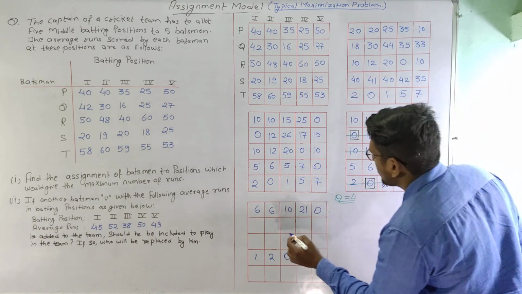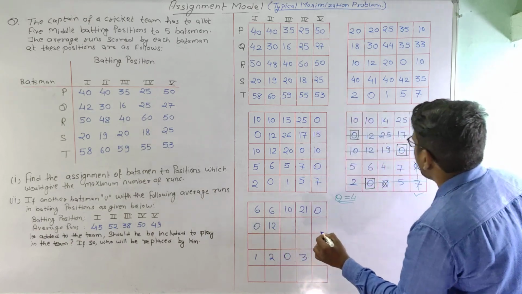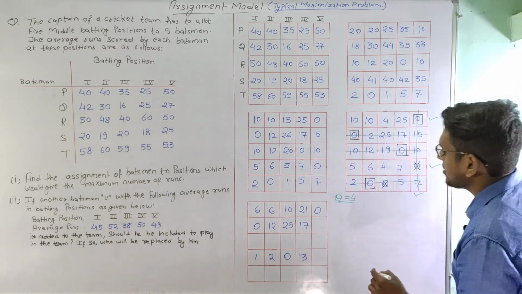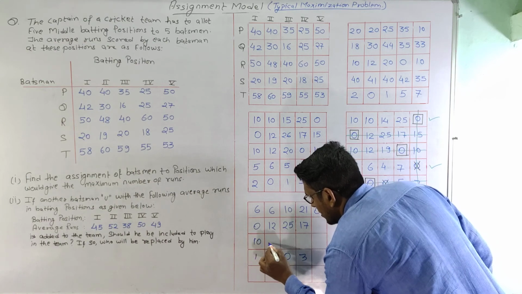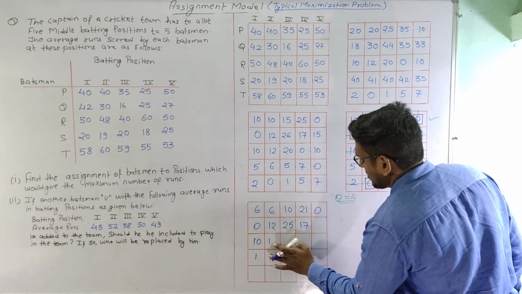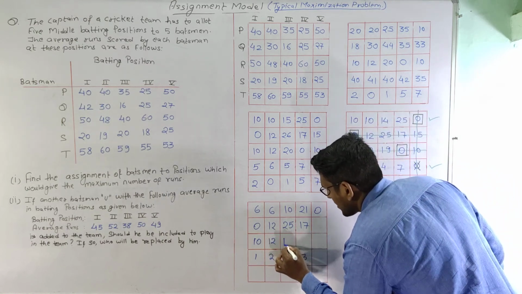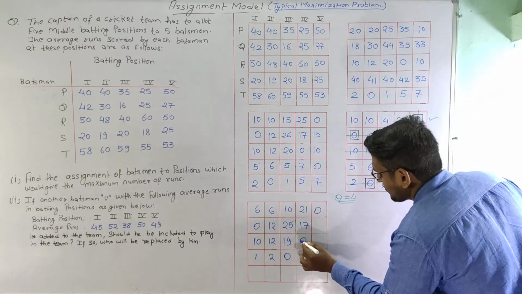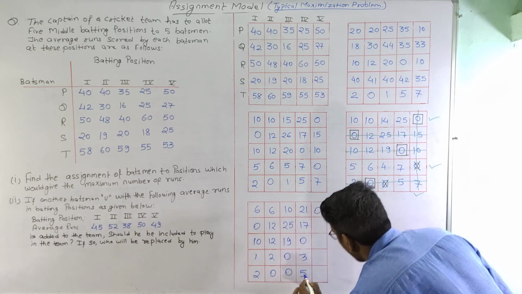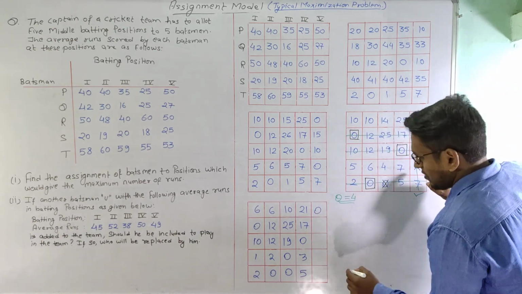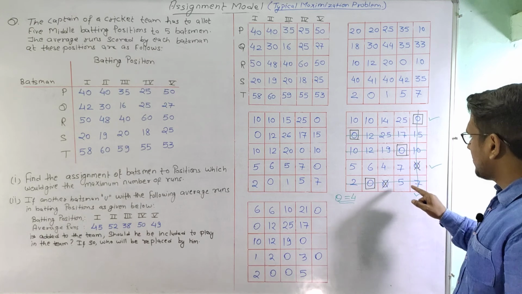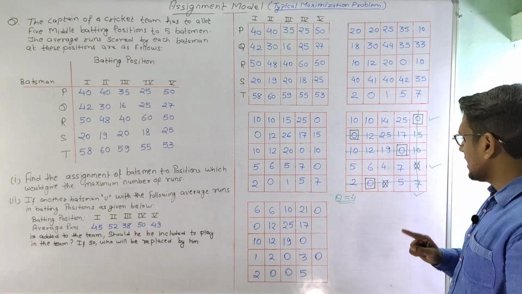This will remain as it is: 0, 0, 12, 25, 17, 10, 12, 19 and 0. Similarly here 2, 0, 0 and 5. This will also be 0. So we can see here that we have calculated values for the cells where single lines are passing.